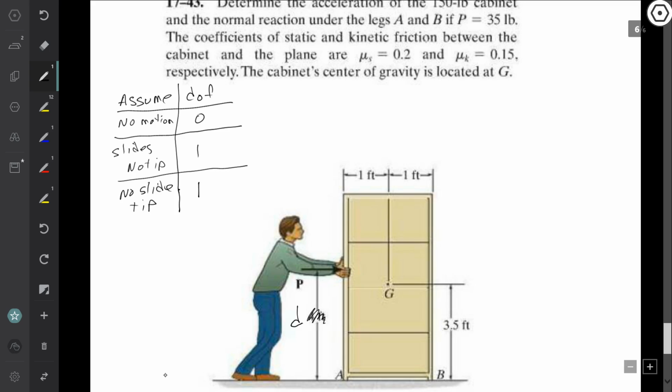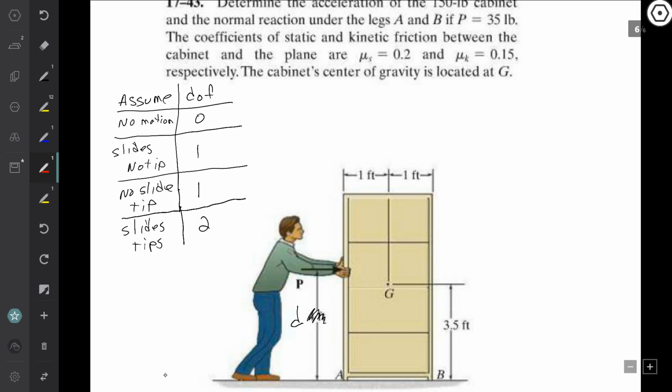So there, the degree of freedom is 1. The last thing that could happen is it slides and tips at the same time, and so that would be 2 degrees of freedom. Alright, so what I teach is to start with the minimum degree of freedom, which is this one here, and then prove that it either works or doesn't work.